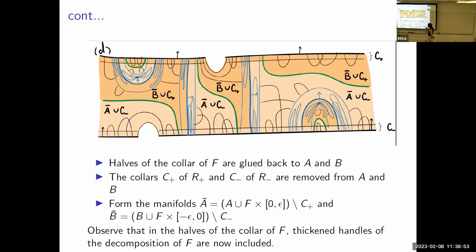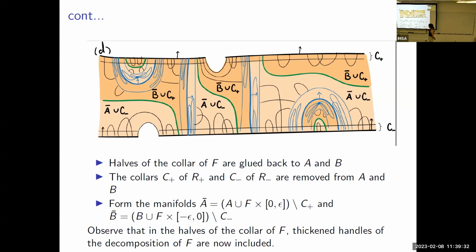And so we remove this collar from A and B. So this A bar is just A, the previous compression body, union the half of the collar of F, and removing the collar of R plus, and similarly we have this B bar.